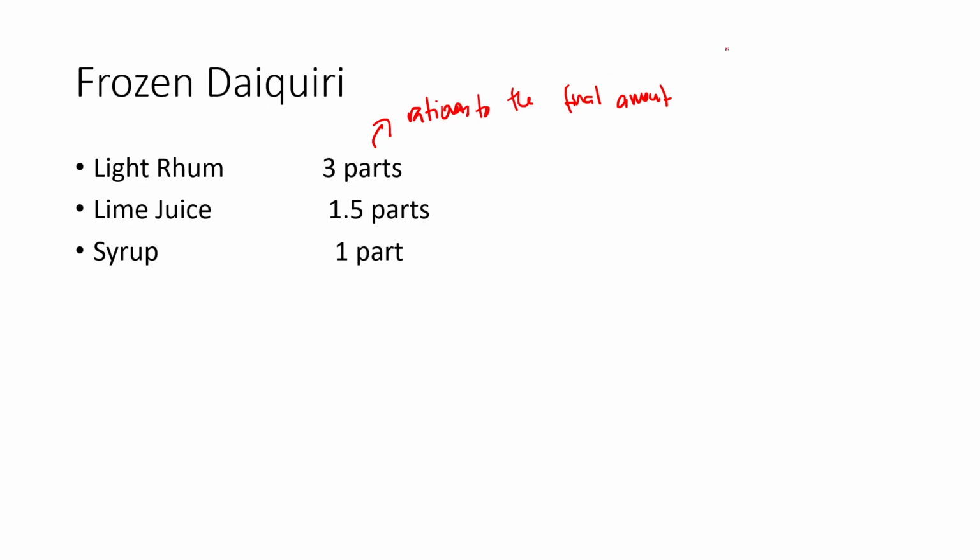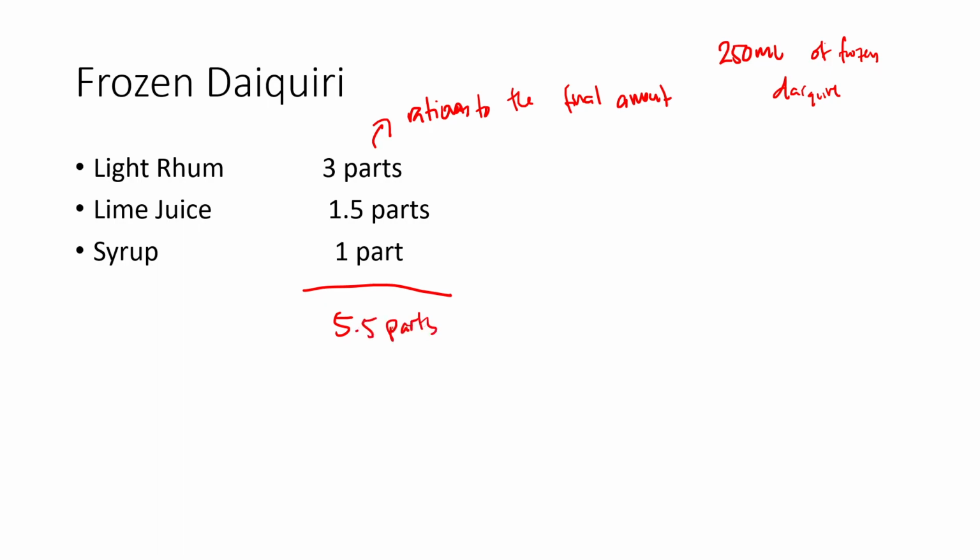So if you're asked to make 250 ml of frozen daiquiri, and you have this recipe right here, the first thing you need to do is to simply add all the parts. So 3 plus 1.5 plus 1 part is 5.5 parts.